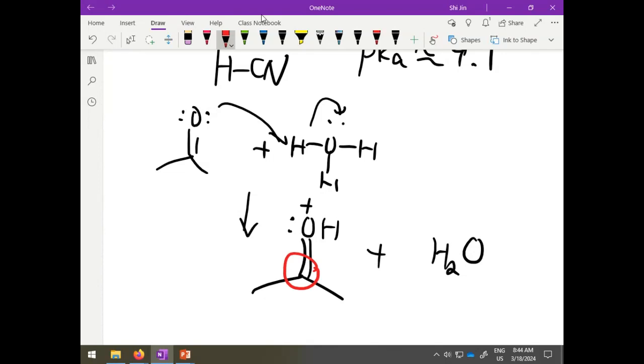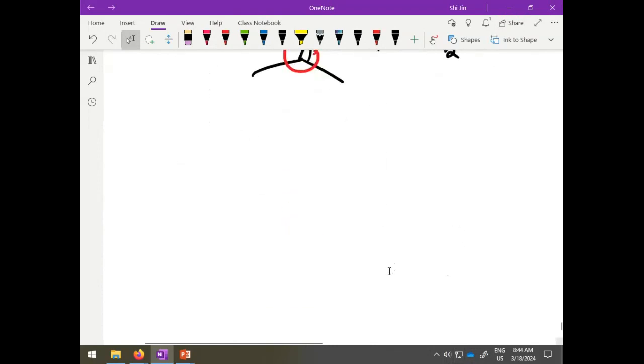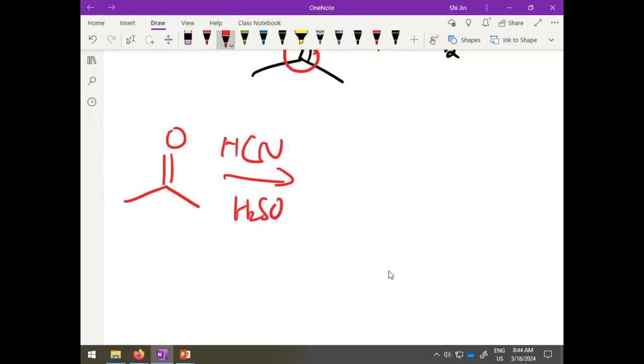Here, water, a neutral nucleophile, indeed can do the nucleophilic attack. But if you do this reaction, HCN with sulfuric acid, yes, you will have this one, no question.